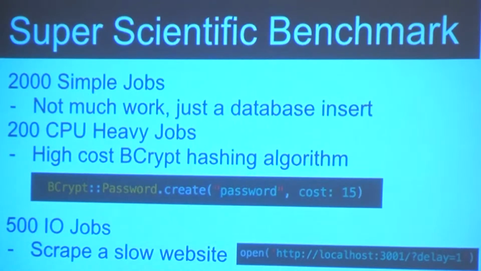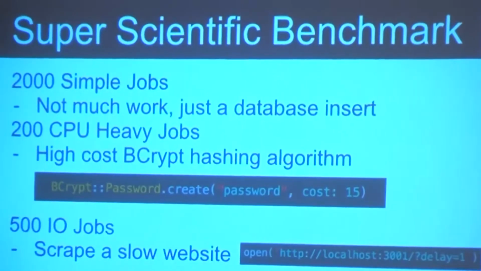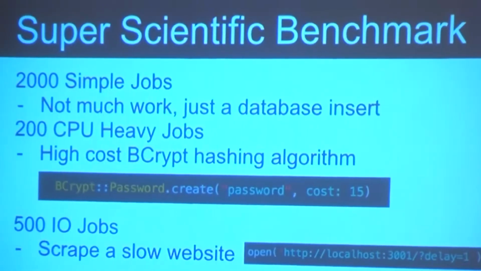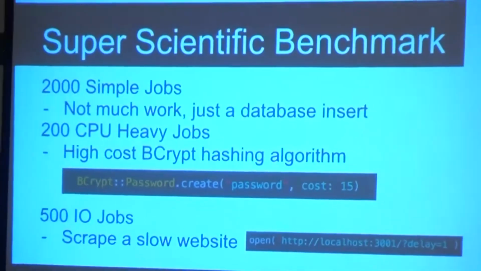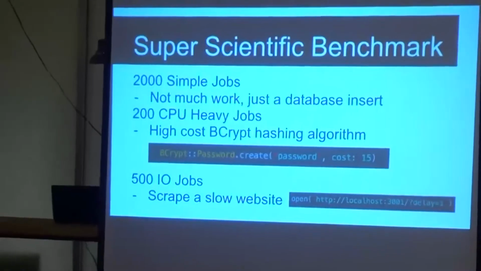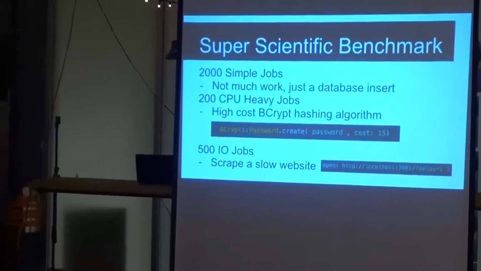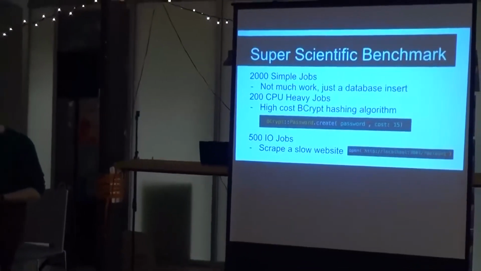The next batch of jobs was input-output jobs, which was actually just scraping a really slow website. I made benchmarks for 1, 6, and 12 workers with each of the processing libraries.